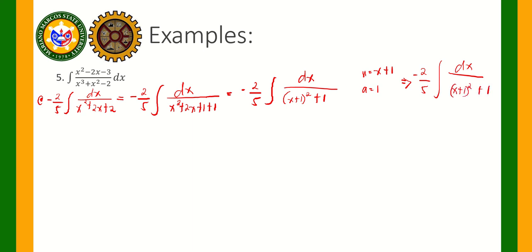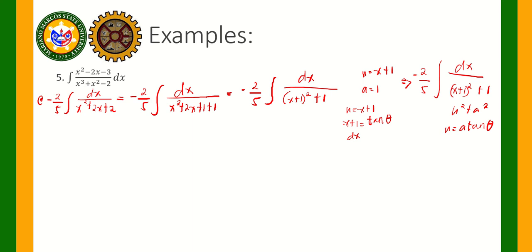Since our u is equal to x plus 1, this is equal to u squared plus a squared. Since the integrand takes the form of u squared plus a squared, we are going to use u is equal to a tangent theta. So x plus 1 is equal to tangent theta, since a is 1 and we no longer need to write it.